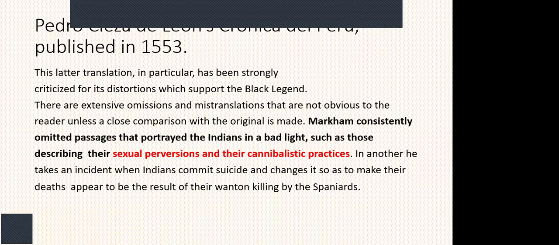And also here, there are accusations, insisting that Indians committed suicide, and there were changes in stories in order to accuse the Spaniards, the crown and their authorities in America. Right.